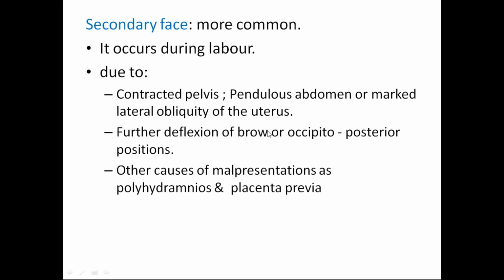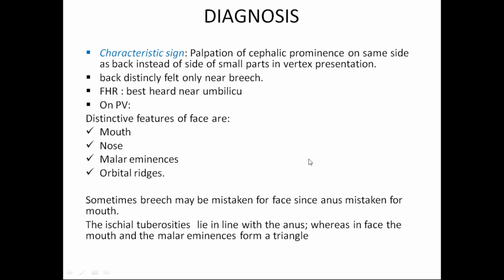Once the uterus starts contracting, most brow presentations get converted either into face presentations, they extend completely and become face, or they flex completely and then the occipitoposterior position will come. Other causes of malpresentations are the same, like polyhydramnios, placenta previa, CPD, other things.